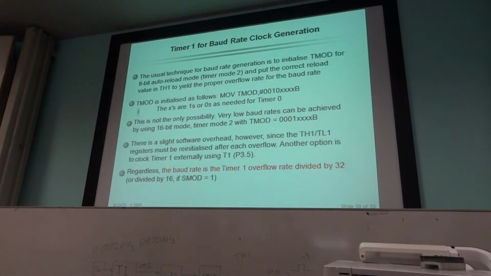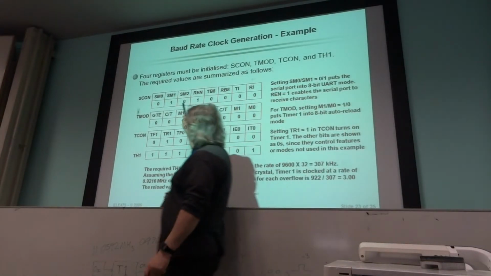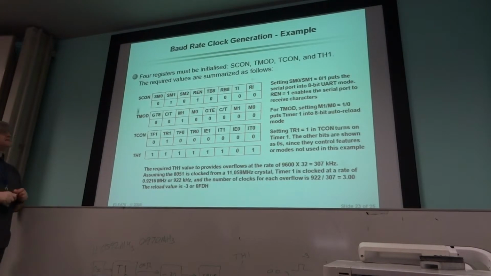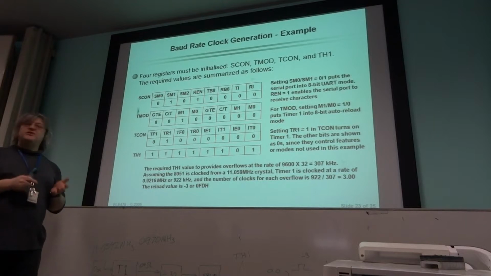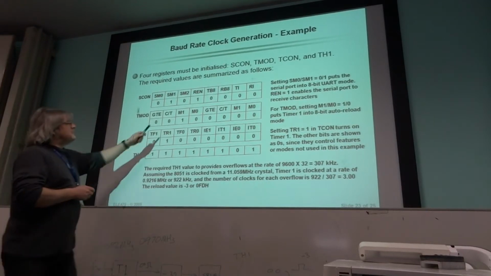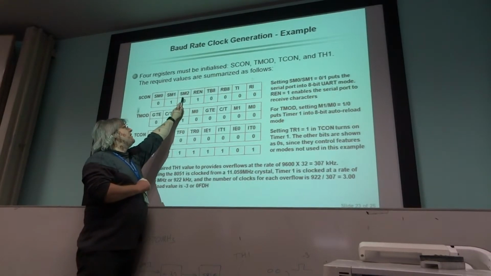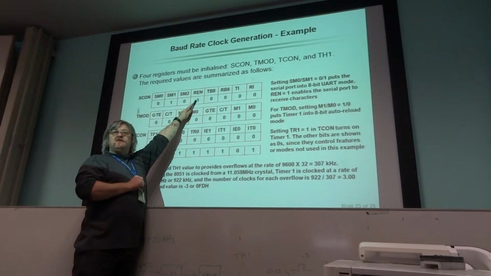So if we go down here, SM0 low, SM1 high. That's basically putting the serial interface into mode 1, 8-bit UART mode, driven by timer 1. This bit just leave low, it's only for multiprocessor communication, we're not fiddling with that. This is saying switch on the receiver, because otherwise you'll ignore anything coming into your microcontroller.